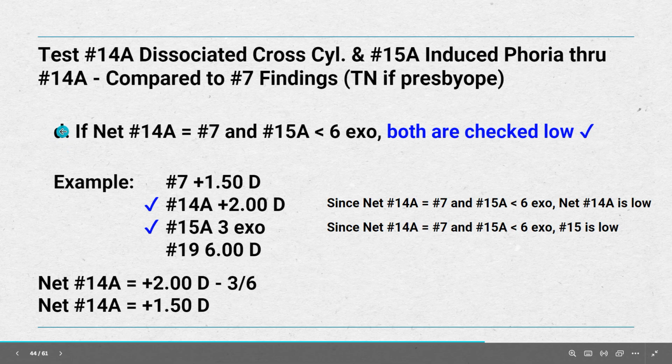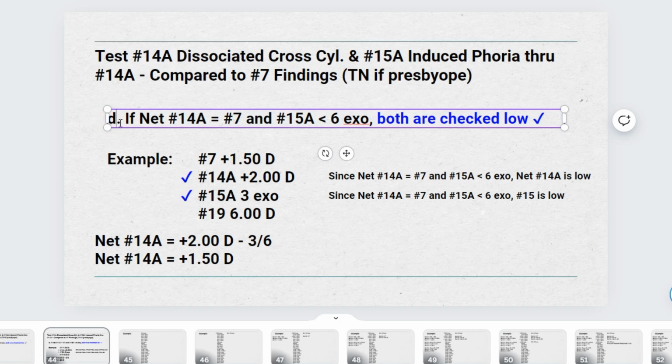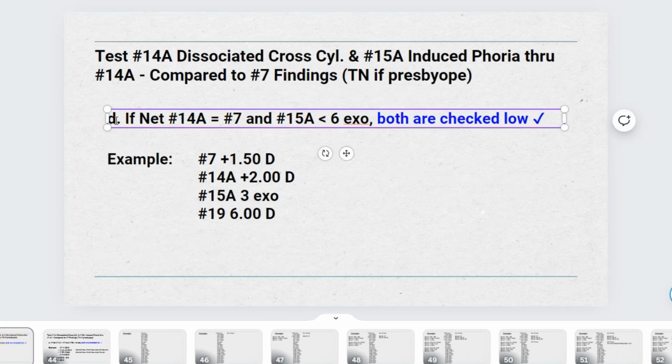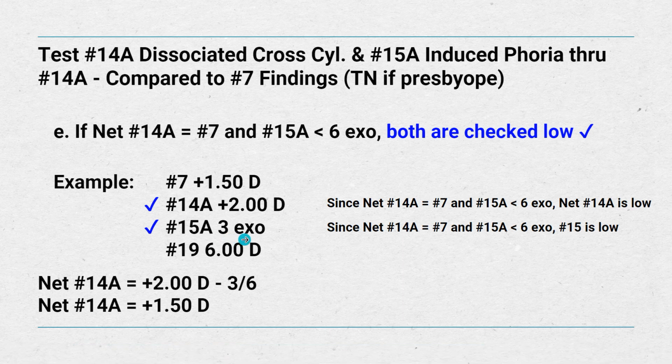This is E. Net number 14A is the same as number 7. What we look at is whether 15A is bigger or smaller than 6XO. But since the given 15A is lesser than the expected 6XO, it is low. They are both low.